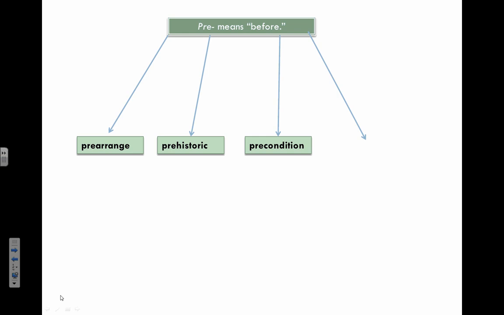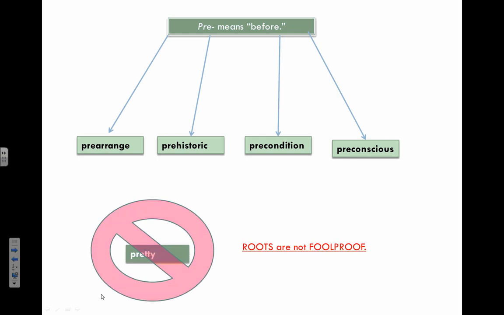Precondition, something that you have to have in order for the condition to be valid or for something to happen. And preconscious, before you are aware of something. So even if you had never seen, for example, preconscious before, if you knew that the prefix pre meant before, you could probably figure it out using your knowledge of the root and the context clues in the sentence, the way the word was used.